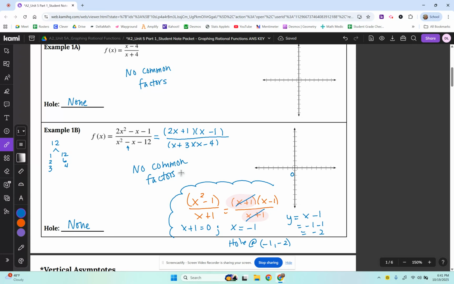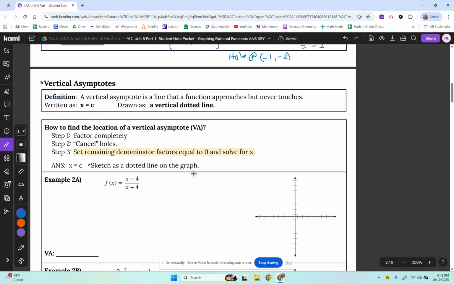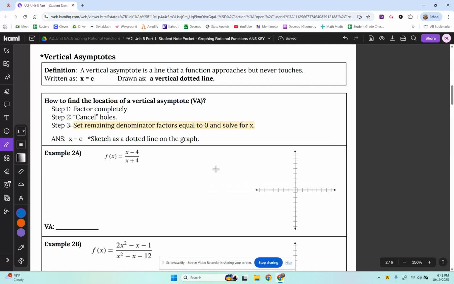Okay. Let's go ahead and look at vertical asymptotes next. These are very similar. However, the difference is the factor is only in the denominator. So we have to look for the holes first. Make sure that you factor and cancel out your holes.